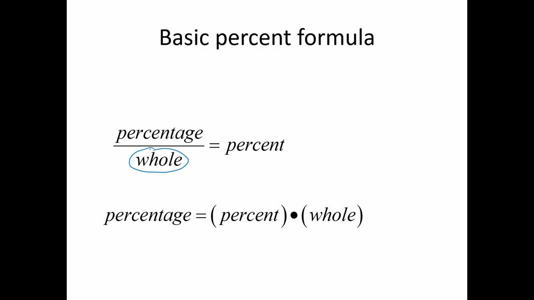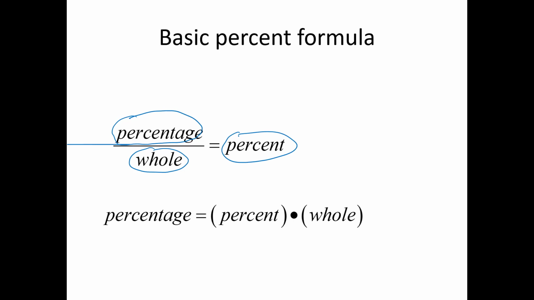I use percentage, even though maybe part would be better because people interchange percentage and percent all the time. But this percentage is really the part of the whole that you're comparing to, the whole. And so then that ratio, when you divide it and rewrite it, forms the percent. Now, when you're trying to find the percent, you should use this form of the formula, right?